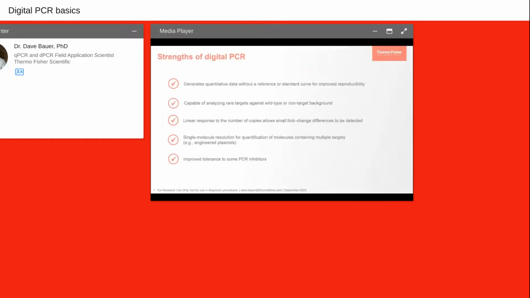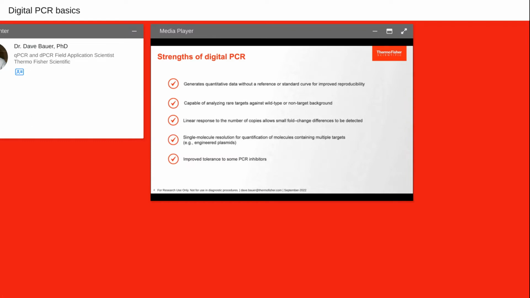All right, so let's look at some of the strengths of digital PCR. For starters, as we mentioned, digital PCR, we can quantify our sample without the need for any reference or standard curves. Additionally, digital PCR is really great at detecting rare targets amongst a sea of wild type, often called the looking for the needle in a haystack problem.